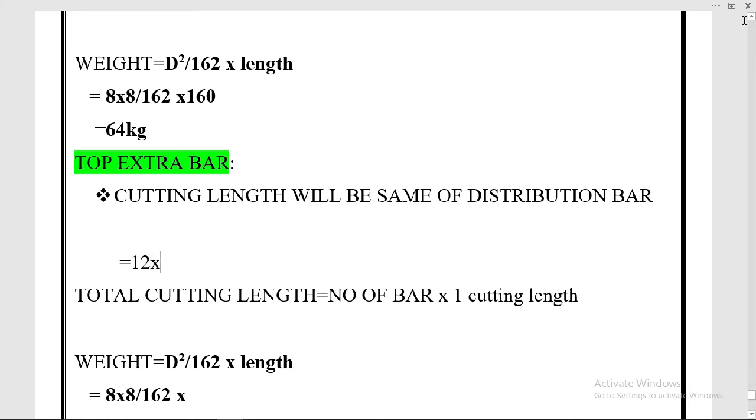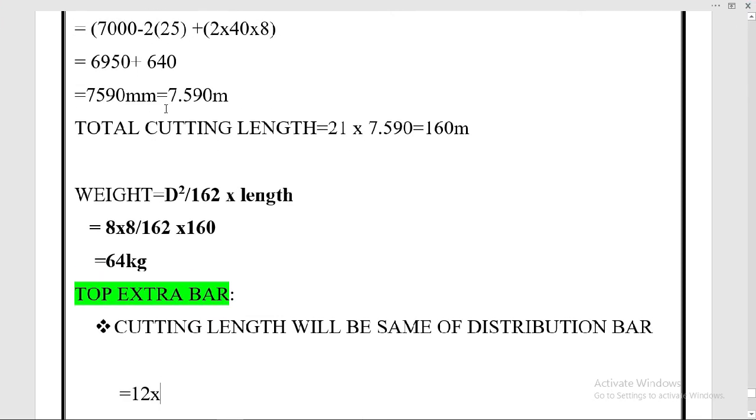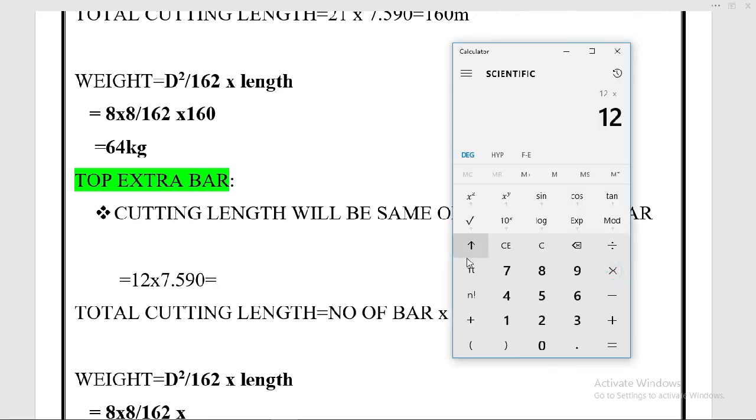The formula is the same. So the cutting length of one bar is 7.590, and we will multiply it by 12. Let me calculate it on the calculator now, 12 into 7.590.